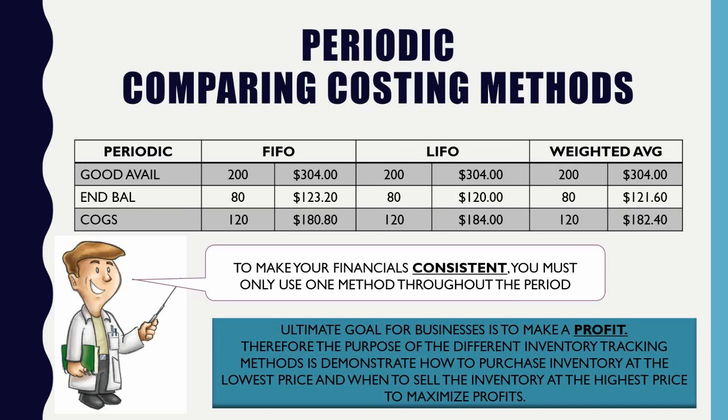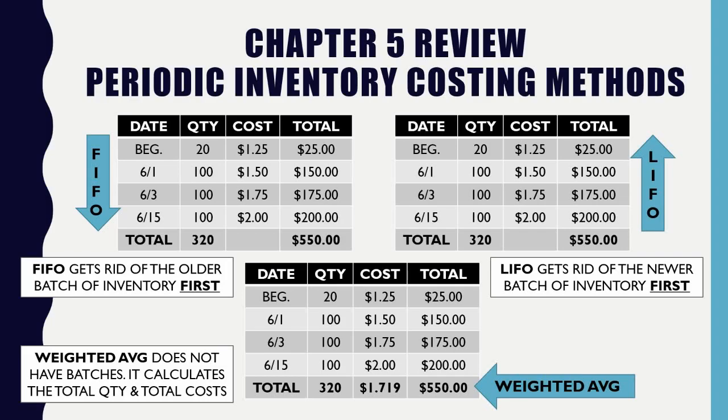All right. Okay, so course review, right? When we talk about FIFO, we're talking about getting rid of our first batches and then slowly going down to our last batches. So in this case, the best way to think of it is, with FIFO you're just going to start from the first batch and make your way down to the bottom, okay? LIFO, we start from our last batches, right?